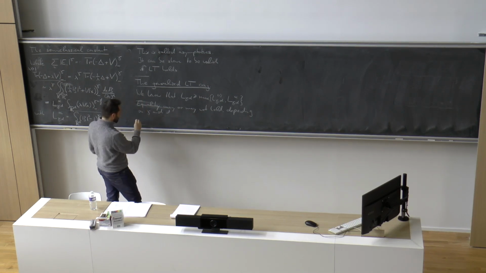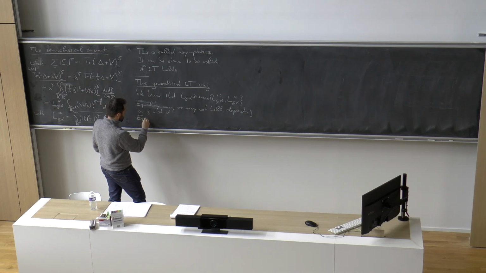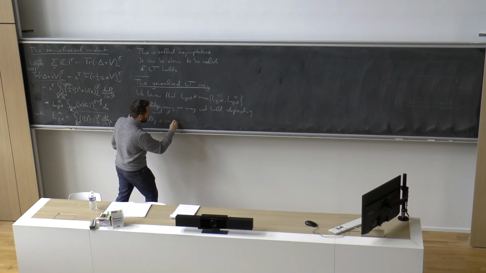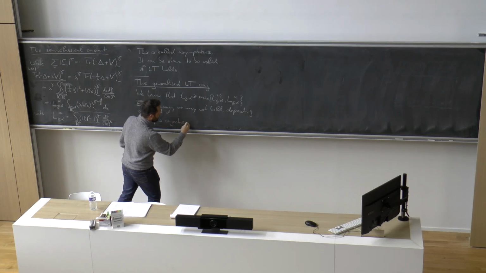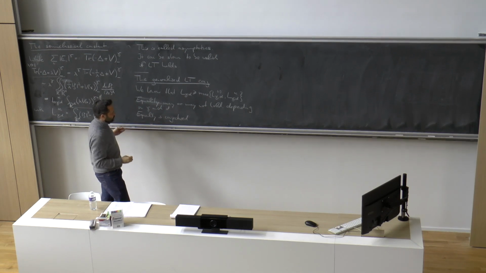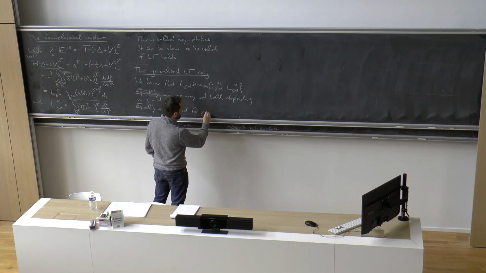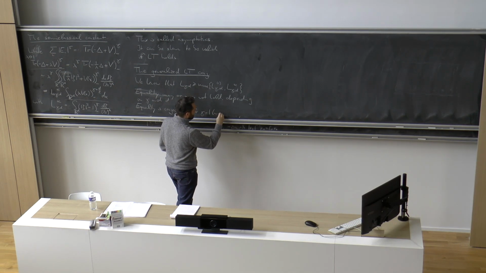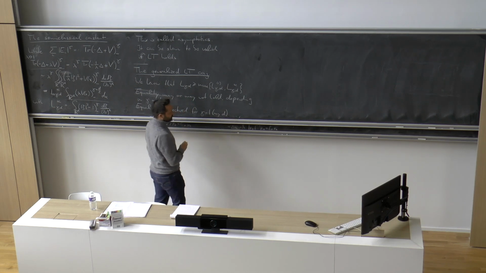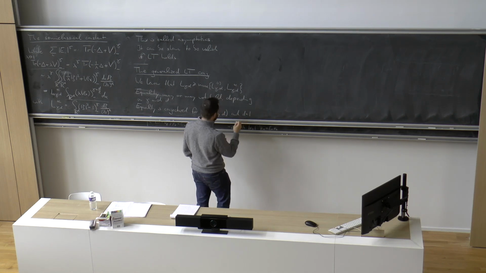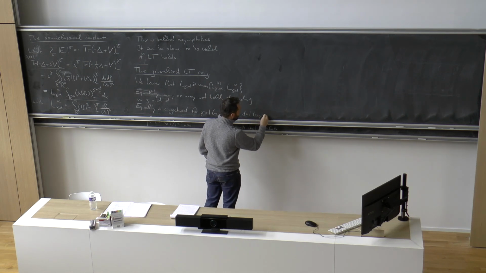So the equality is conjectured for gamma equal to 1, any d, and d equal to 1, any gamma.